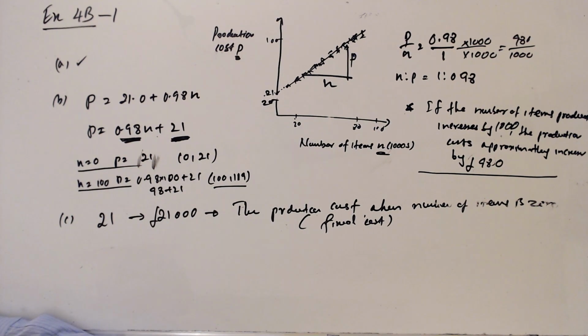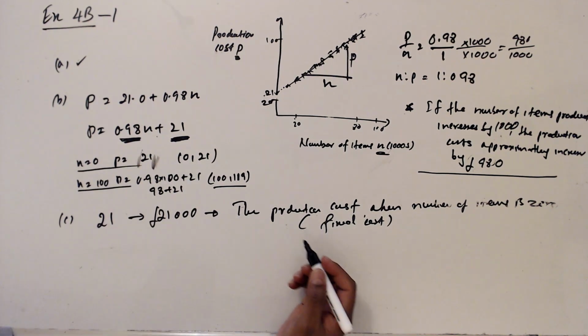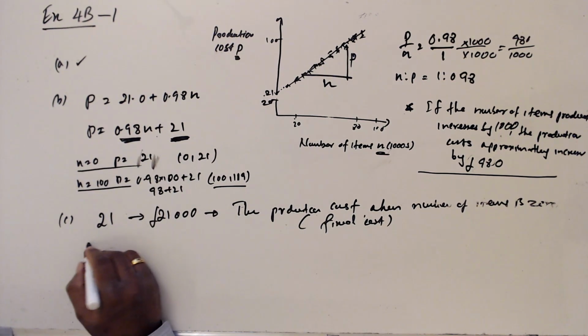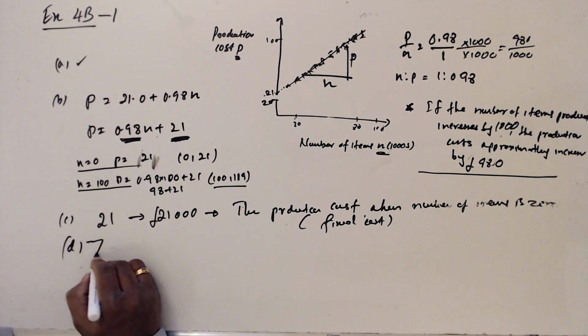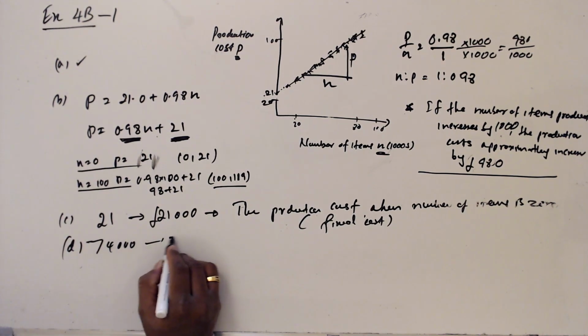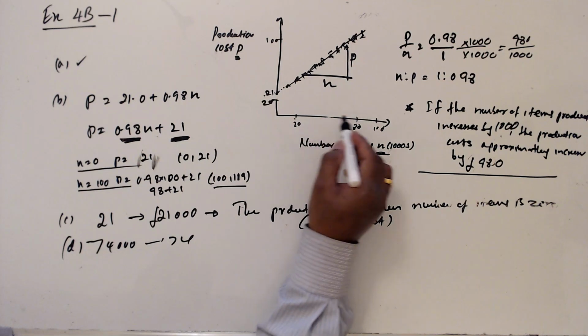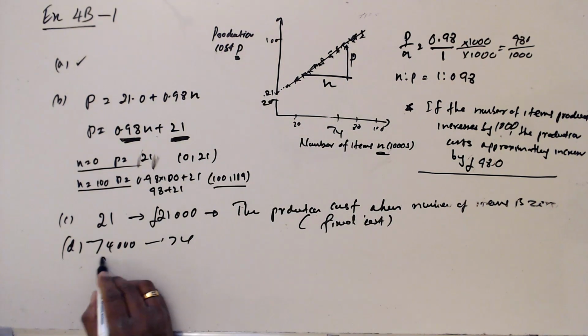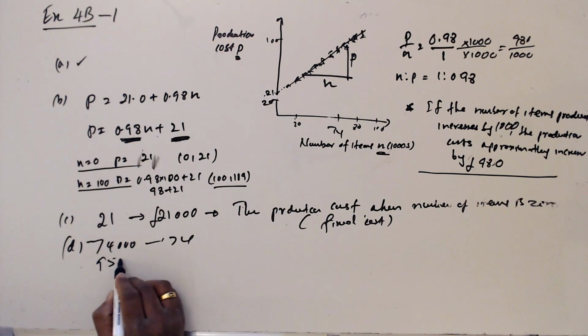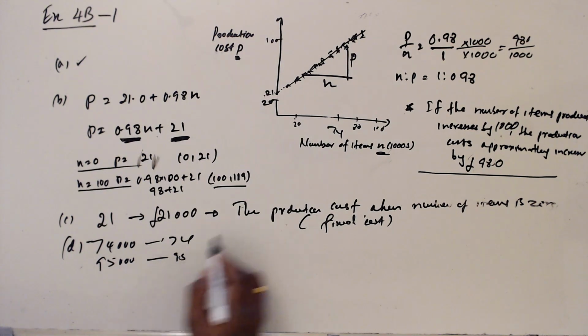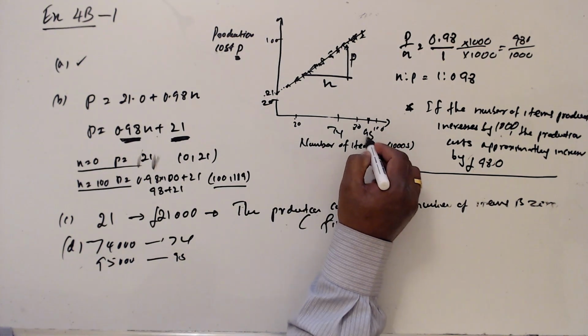Part D, comment on the suitability of this. The company expects to produce 74,000 items and 95,000 items. So 74,000 means 74 somewhere here, and 95,000 means 95 somewhere here.